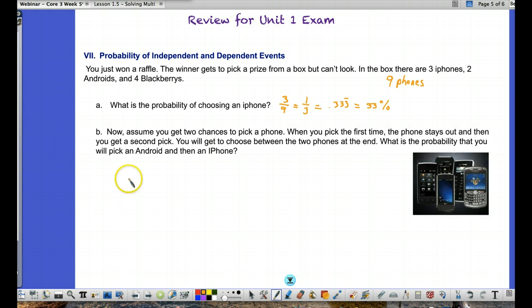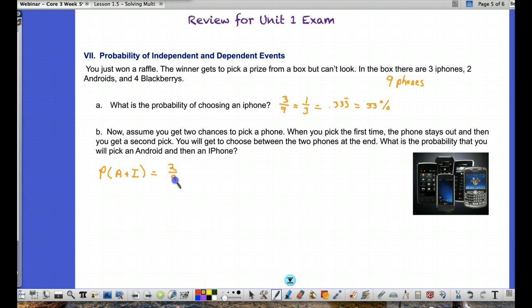So you get to choose two phones, and you want to find the probability that you will pick an Android and then an iPhone. So I'm going to say probability of Android and then an iPhone. We're going to take these separately. The probability of choosing an Android is 2 out of 9, right?